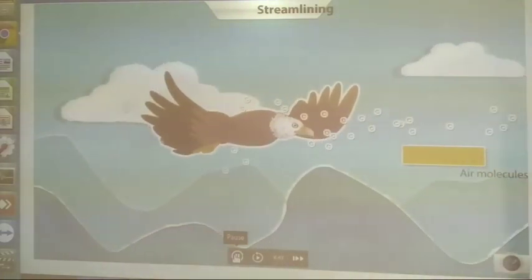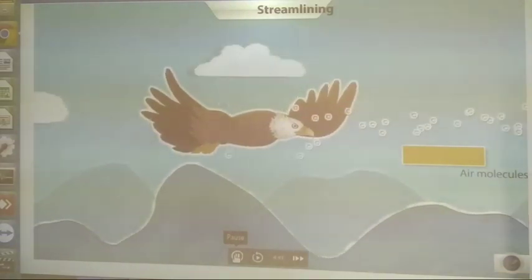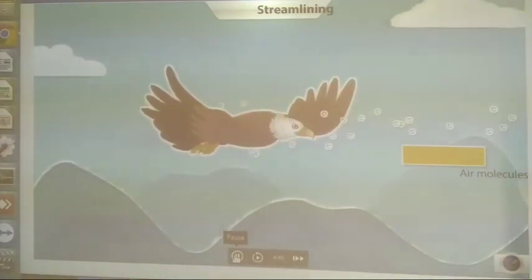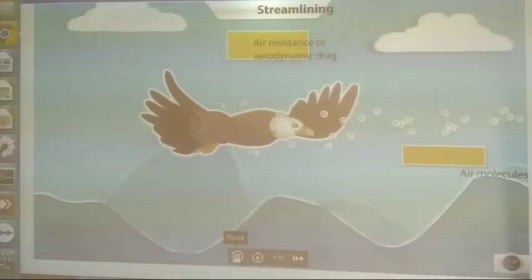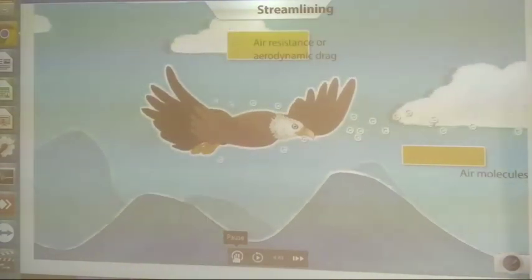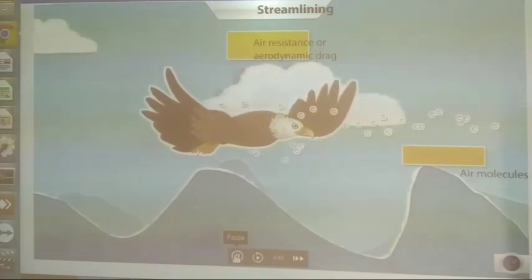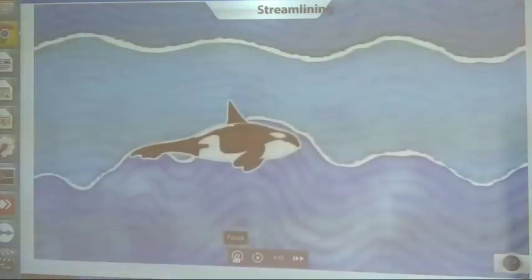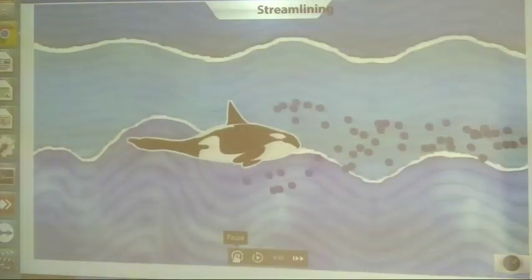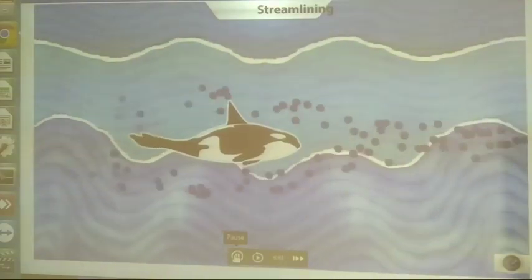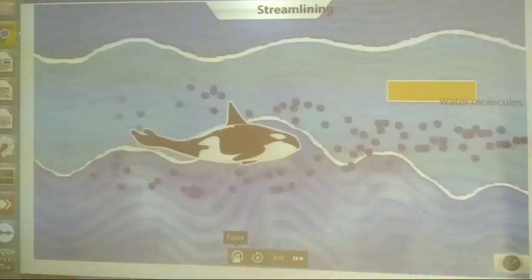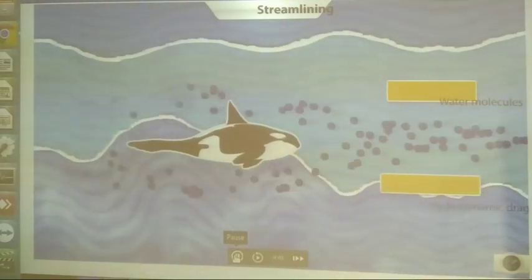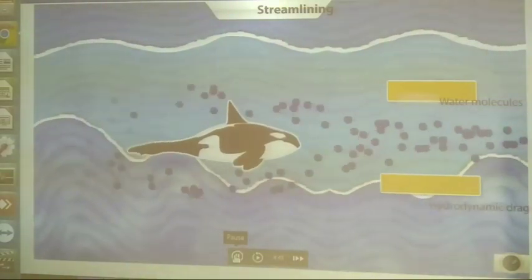The collision of these molecules with the moving bird causes friction. This fluid friction is called air resistance or aerodynamic drag. Similarly, fishes have to overcome the frictional force exerted by the water molecules in their way. This fluid friction is called hydrodynamic drag.